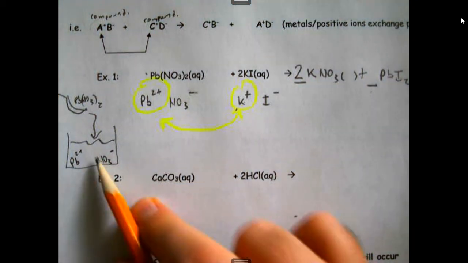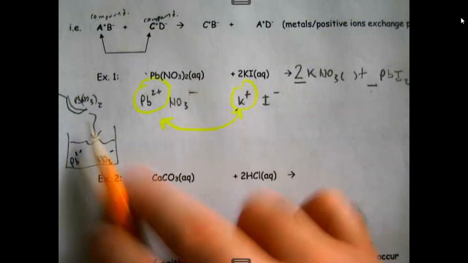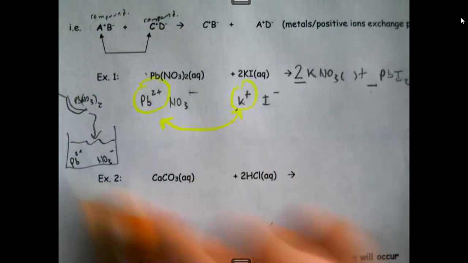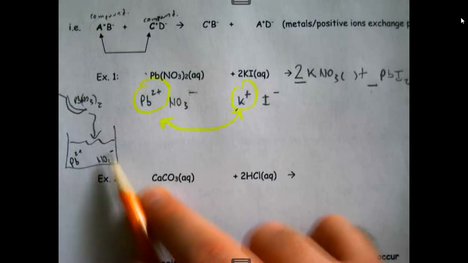And it would be an aqueous solution. So when something's aqueous, it means the compound is in there, but it separates into its ions. So this is now separate from there.